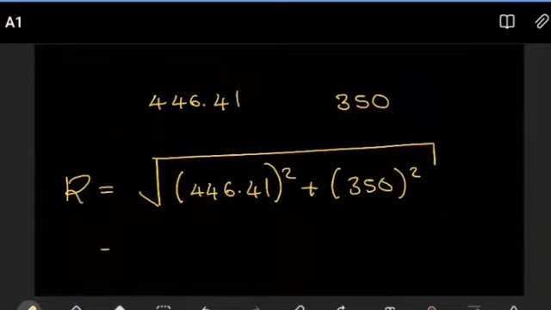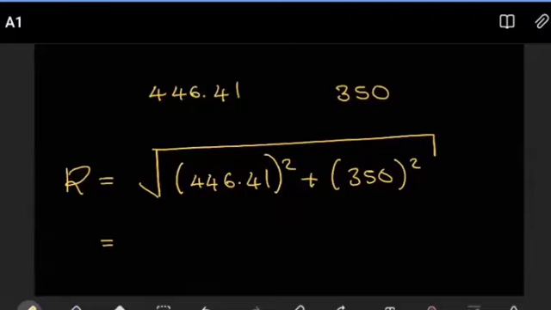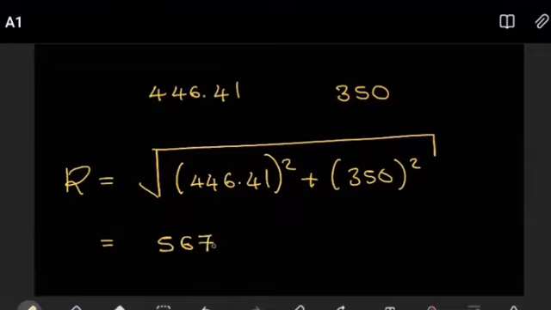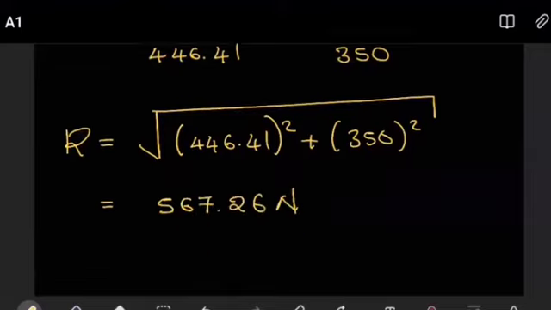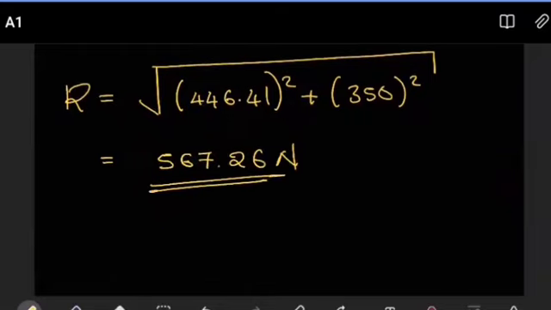What are you getting? 567.26. Okay, so this becomes the magnitude of the resultant.